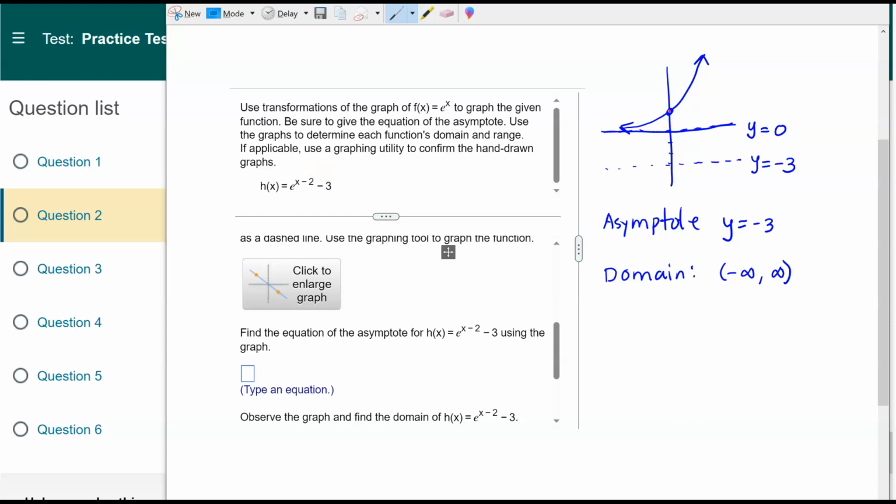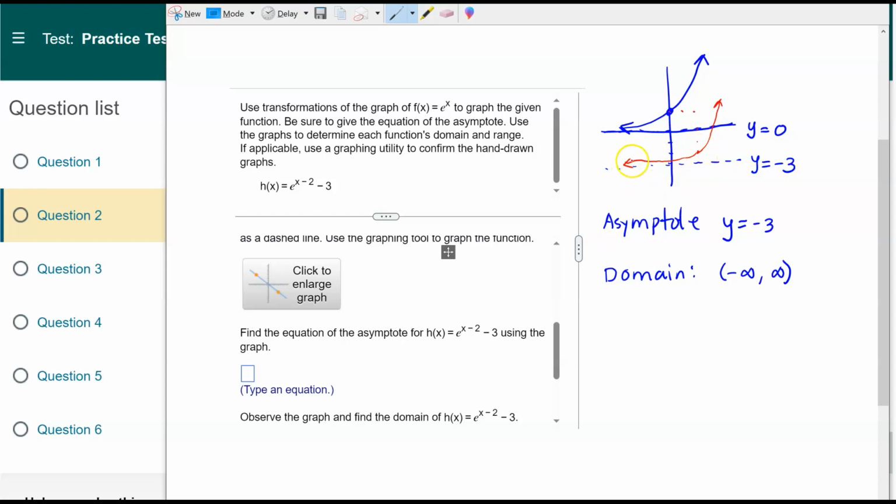It will be shifted 2 units to the right, and then 3 units down. So it's 1, 2, 3. That's 3 units down. Then it will go here and look like that. Okay, and of course the y coordinate will be this curve here.